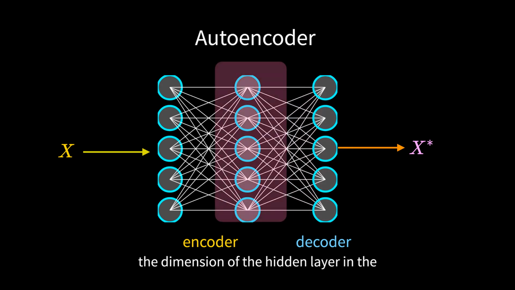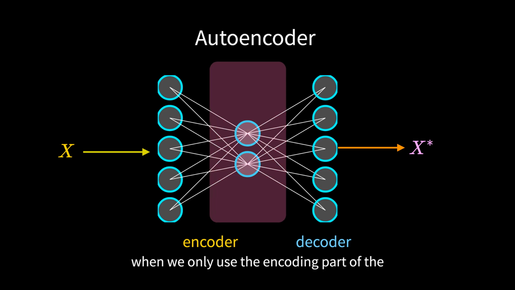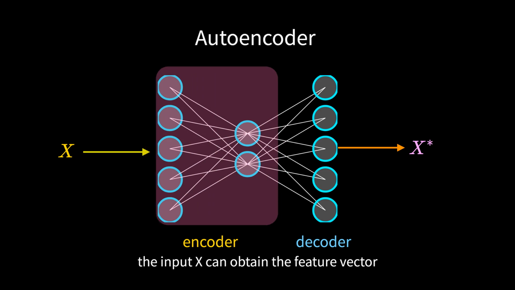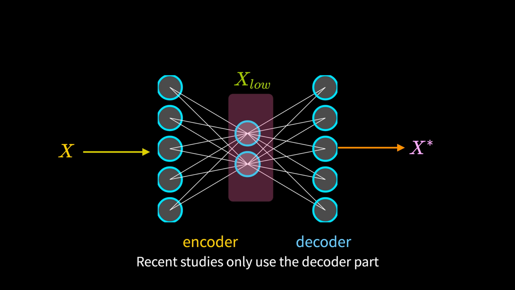For example, the dimension of the hidden layer in the middle is relatively low, so that it can only retain a part of the information. That is the useful information that can mostly help recovery. Therefore, when we only use the encoding part of the autoencoder, the input x can obtain the feature vector of x with low dimension, that is, dimensionality reduction.